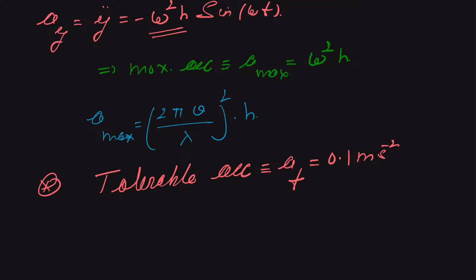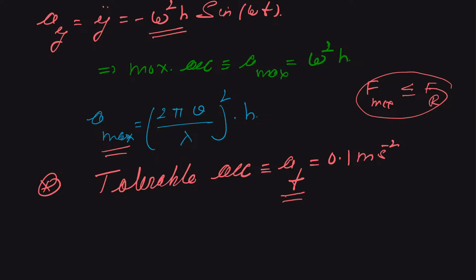We find out the maximum possible friction and compare it with the friction produced, because we make the comparison between the maximum friction that is available, which is always mu mg, and the friction that is being produced. So the same comparison we are going to make here with respect to the maximum acceleration and the tolerable acceleration.